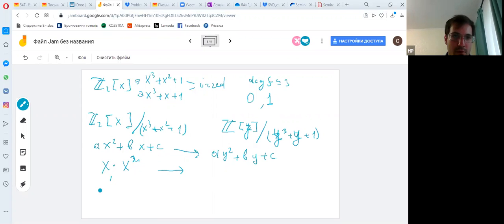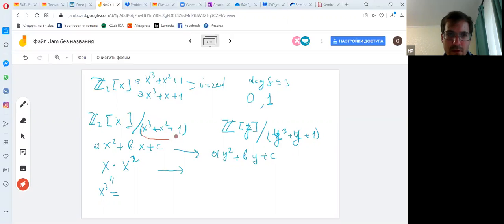This is equal to x to the third, but what is x to the third in the left part? What is the remainder of x to the third when we divide it by x to the third plus x squared plus 1?